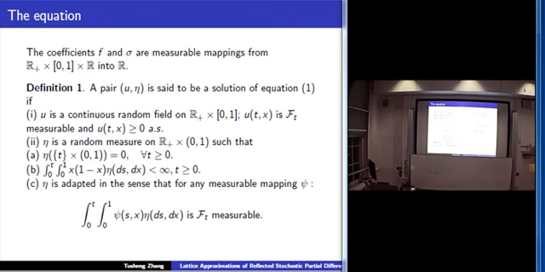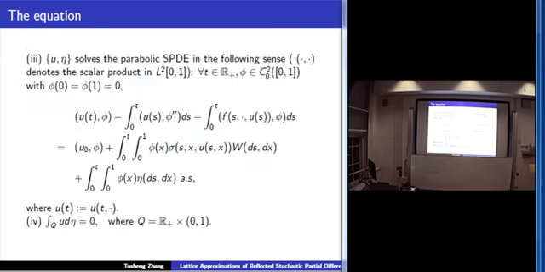Also eta and u satisfy the SPDE in the weak sense of PDE. Which means that if you apply a test function to this equation, with the inner product in L2(0,1), and use integration by parts, you move the derivative from u to the test function.